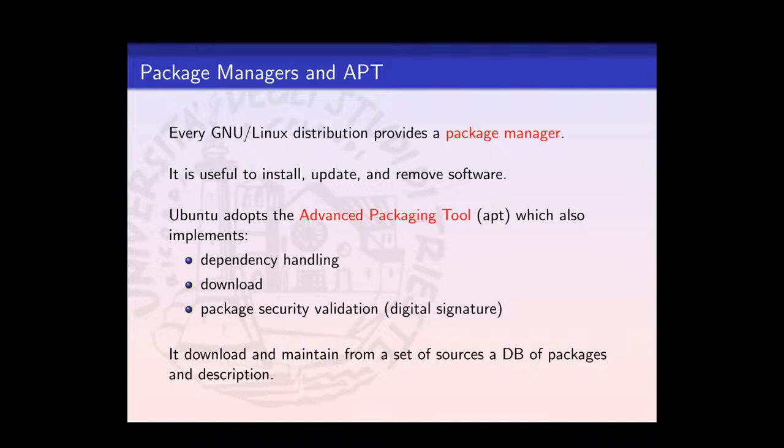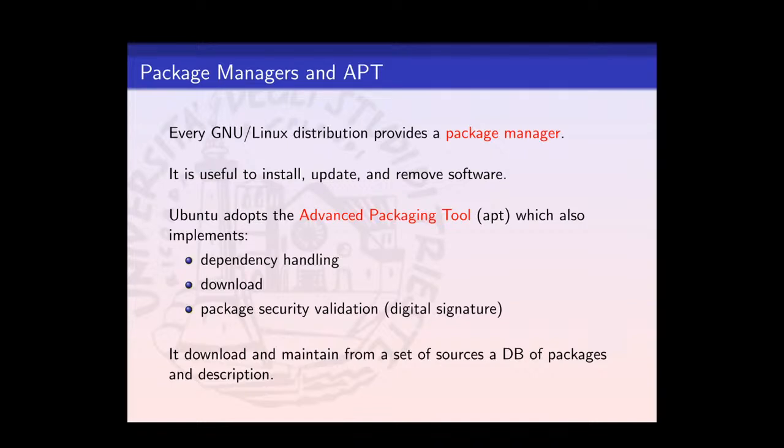So once you ask to install the compiler, APT tells you, look, to install this stuff, you need also this library, this library, this library. All this stuff, we need to download, I don't know, 100 megabyte. Are you sure you want to download it? You press yes, and everything goes fine.